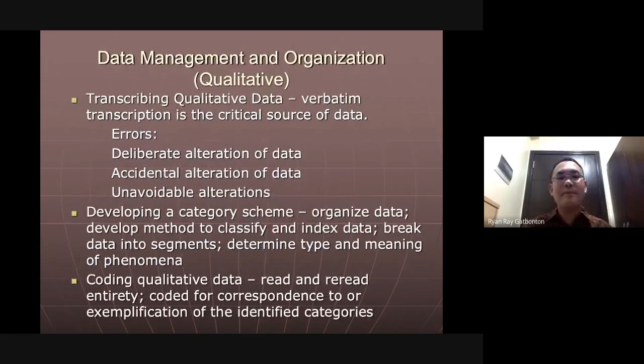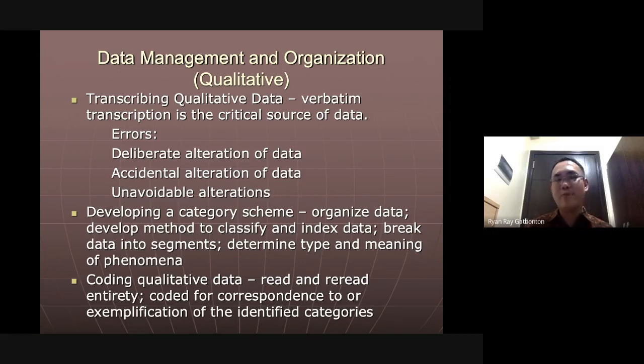Now, qualitative data involves several concepts in management and organization. The first management of qualitative data is to transcribe it, no? Isusulat mo verbatim yung mga data na nakuha mo through interview. Okay?